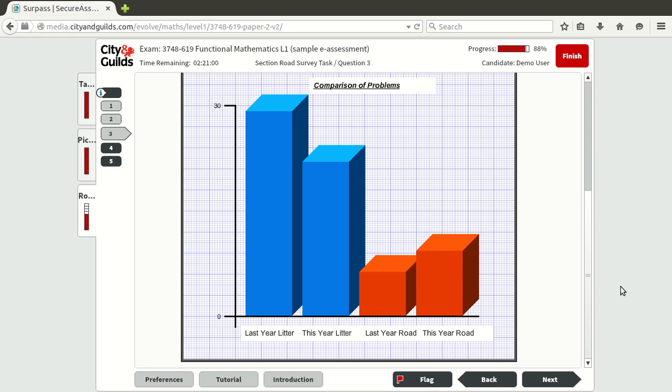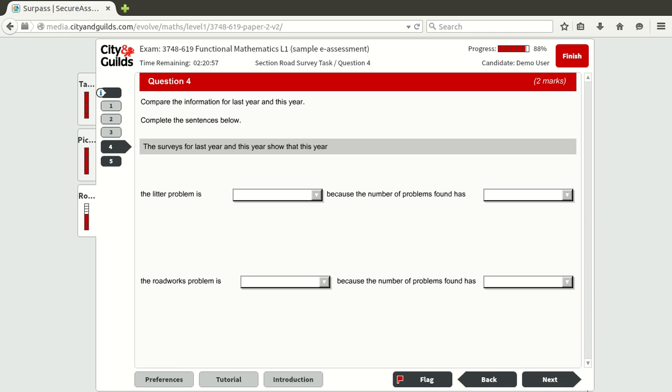So we're going on to question 4 now. Compare the information for last year and this year, and complete the sentences below. The surveys for last year and this year show that this year the litter problem is... Now last year our problem was 28 as the mean.